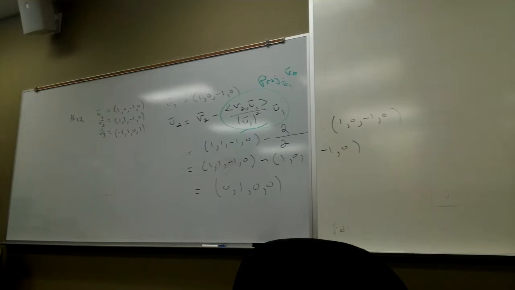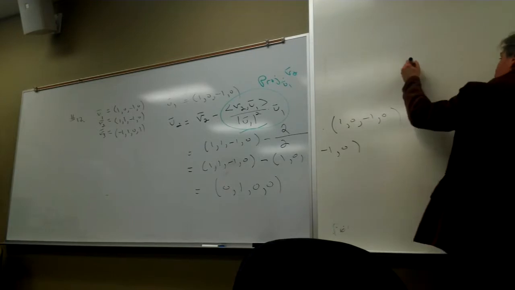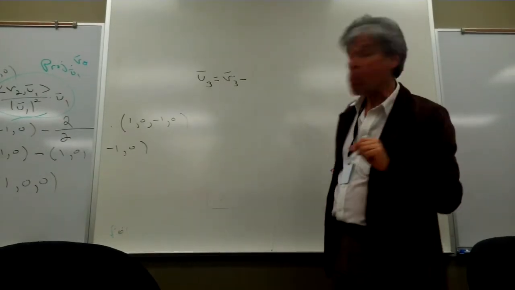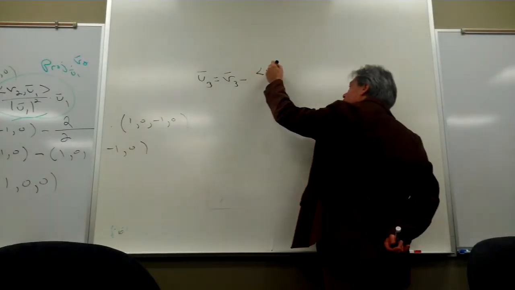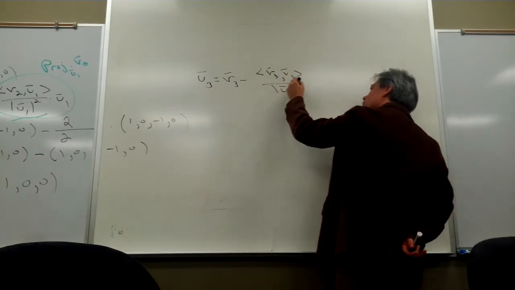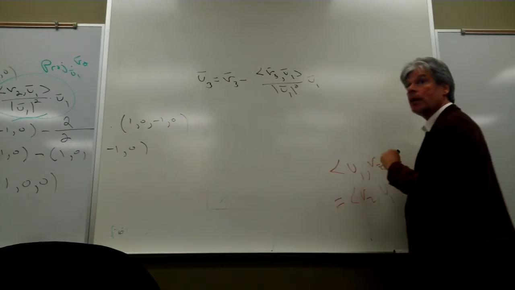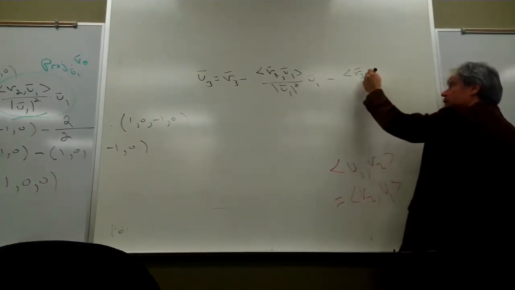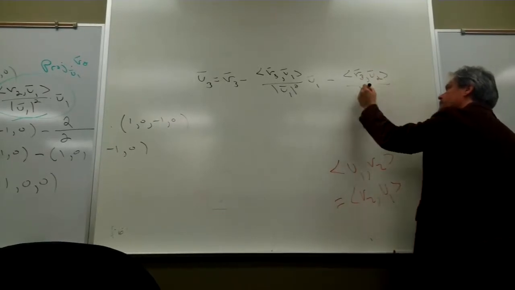Oh, you guys, I haven't done the big work. For me to find U3 bar, I'm just going to proclaim that U3 bar is V3 bar minus, listen to the way I say this in English, minus the projection of V3 bar onto U1 bar, but also minus the projection of V3 bar onto U2 bar.